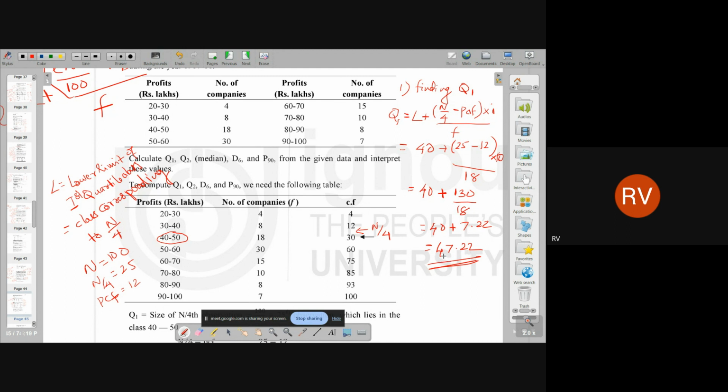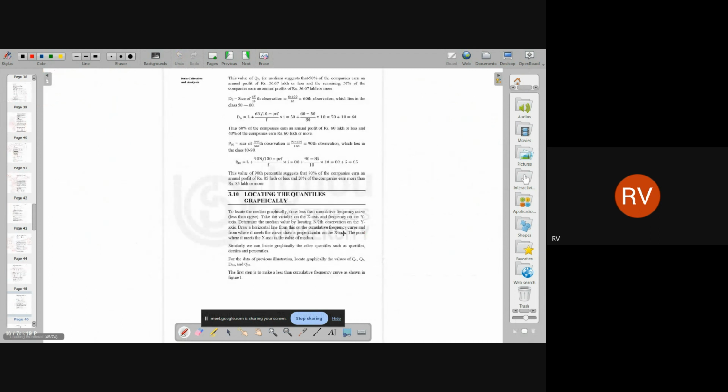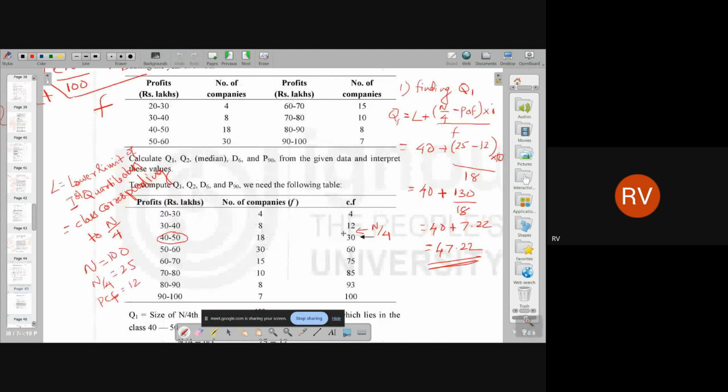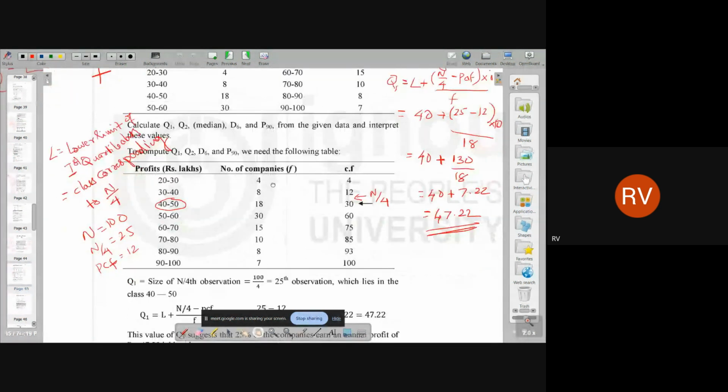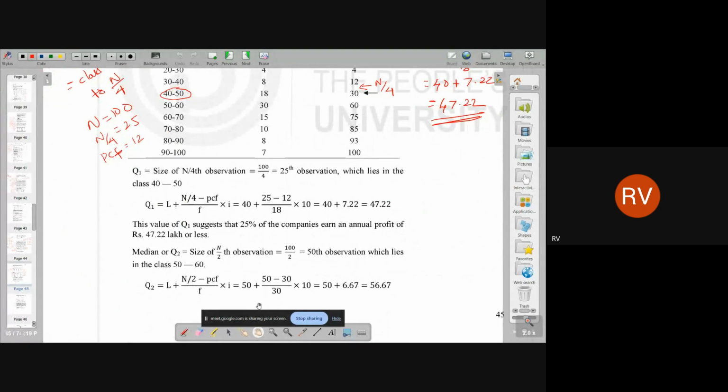That is, Q1 is equal to 47.22. This value Q1 suggests that 25% of the companies earn an annual profit of 47.22 lakh or less. This is the interpretation of the first quartile Q1.